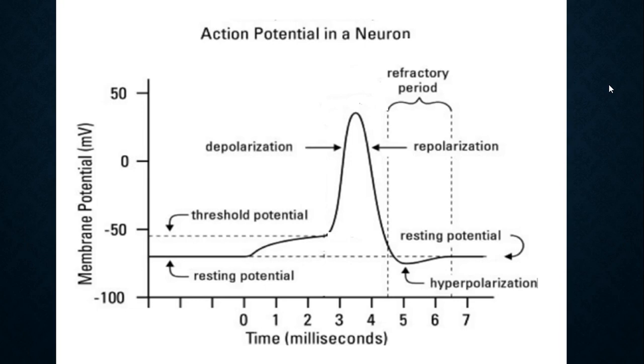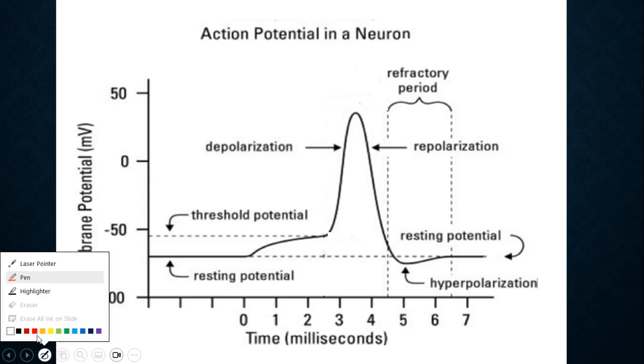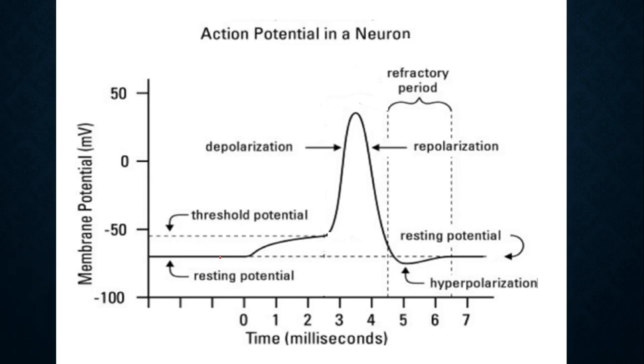Before we do that, I just want to run through this graph really quickly to make sure everybody understands what's going on. In the resting potential of our neuron, remember last class I said, guys, you need to know which channels are open, which channels are closed, where is sodium, where is potassium, inside or outside the neuron. At resting, sodium is piled up outside, potassium is inside.